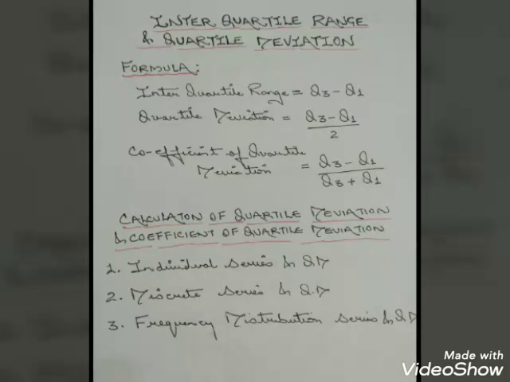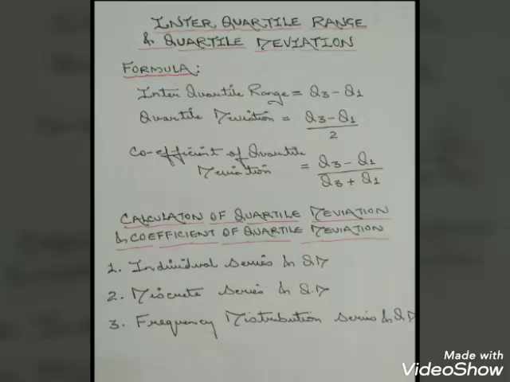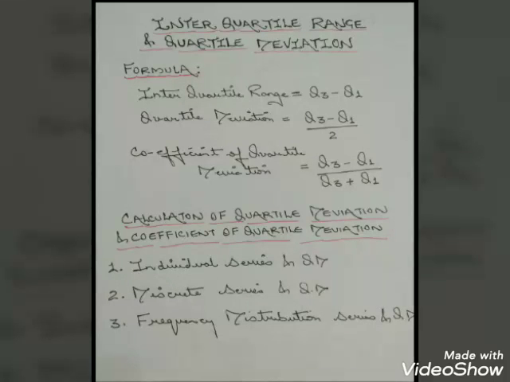And the formula of quartile deviation is Q3 minus Q1 upon 2. And the coefficient of quartile deviation is Q3 minus Q1 upon Q3 plus Q1. Right?